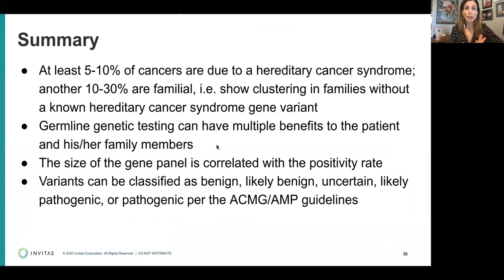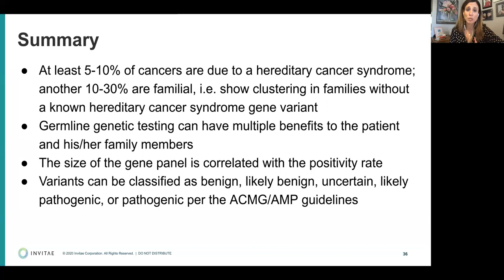So in summary, at least 5 to 10% of cancers are due to hereditary cancer syndromes. There are another 10 to 30% who have familial clustering, so some combination of genetic factors as well as genetic factors and lifestyle factors that come together to increase the cancer risk in the family. Germline genetic testing can have multiple benefits to the patient and his or her family members.